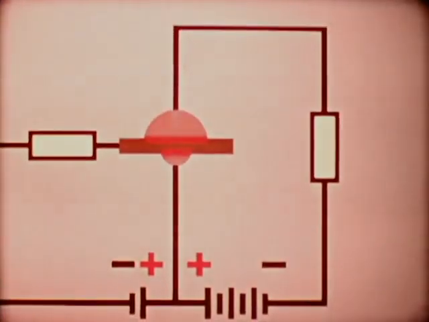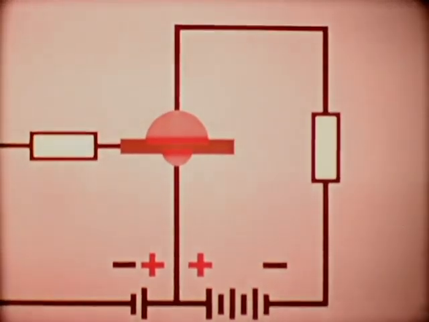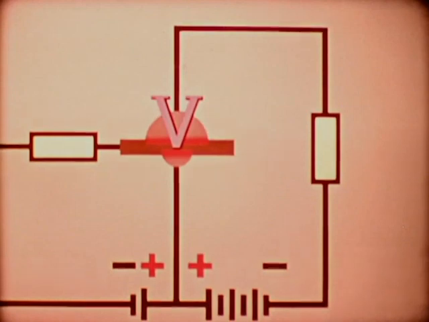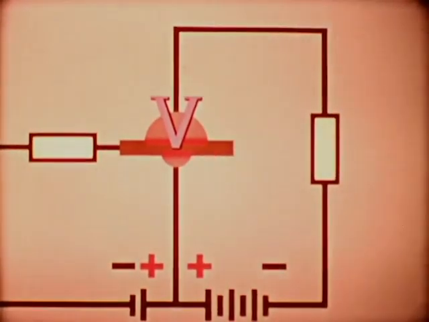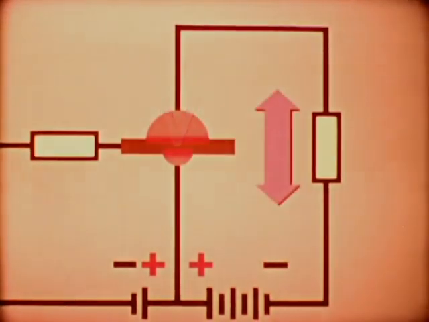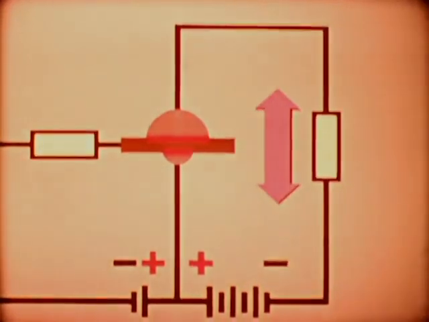But because this current flows through the output resistor, the voltage drop over this resistor increases, and consequently the voltage drop over the collector base junction decreases to such an extent that this junction becomes biased in the forward direction. The transistor is then saturated, and the collector current remains constant.